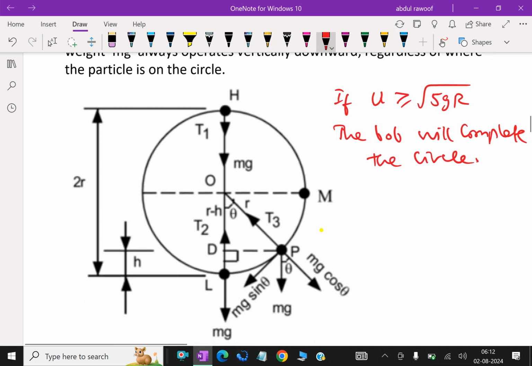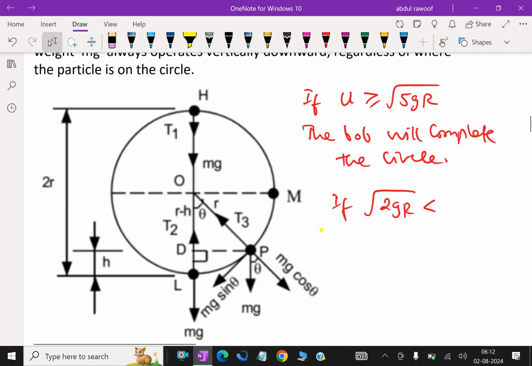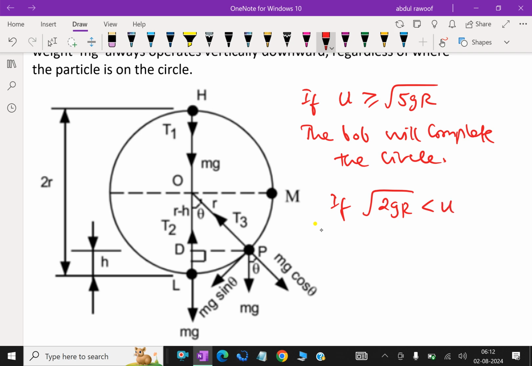Then another condition, if square root of 2gr is less than velocity and velocity is less than square root of 5gr, under this condition the string will slack. The string of the bob will slack, loosen.